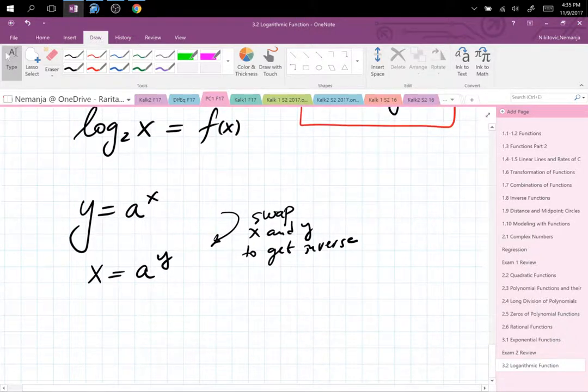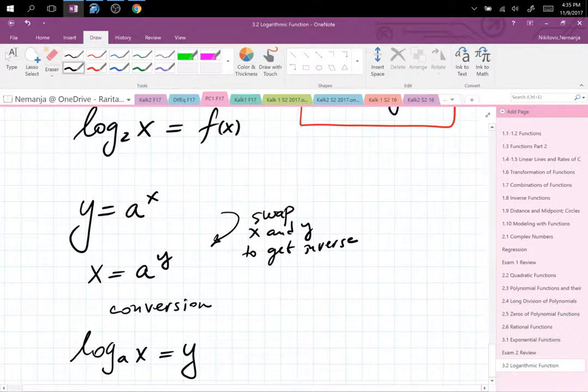You see that now you need to solve for y. We use conversion, and the conversion says that log base a of x is y. Oh, I got a function out of this.